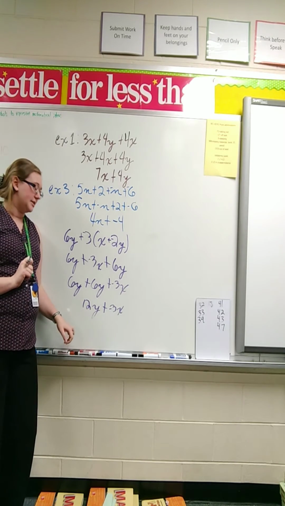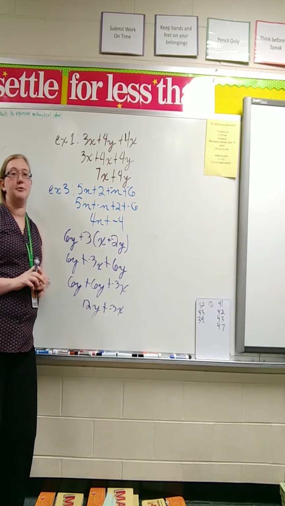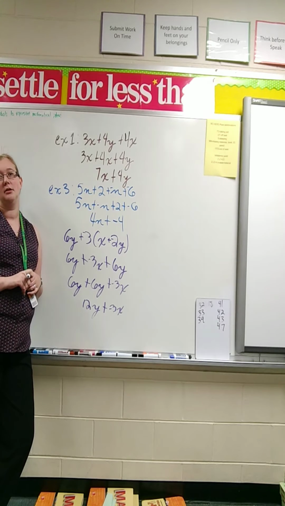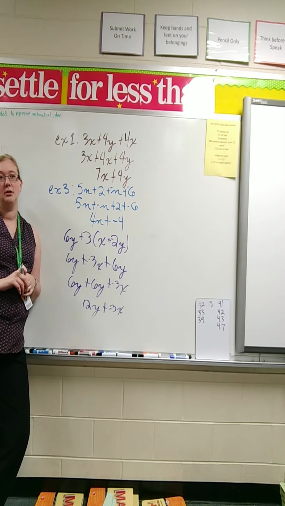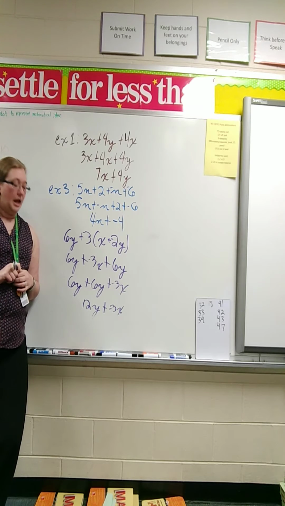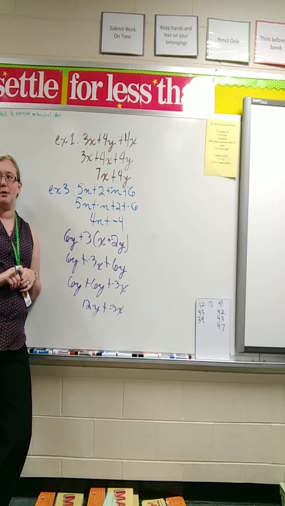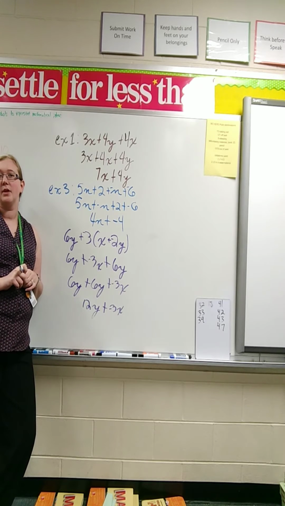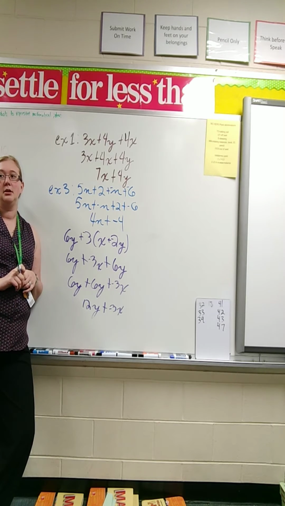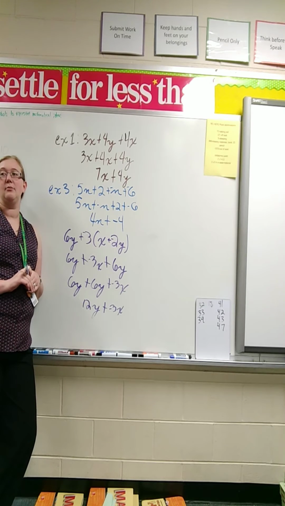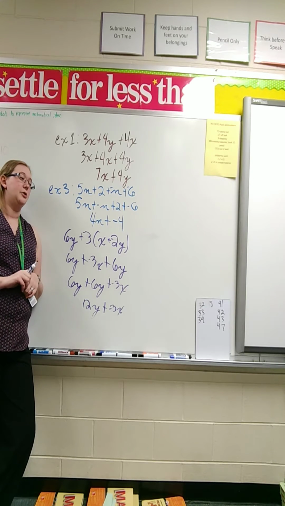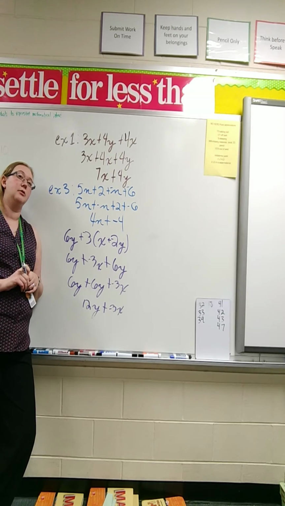Could I rewrite this now as 12y minus 3x? If I have 12y plus negative 3x, could I rewrite that as 12y minus 3x? Yes. Do I care? No. Are they the same thing? Yes. Do we have to be able to recognize both?